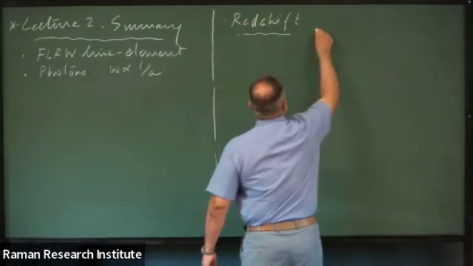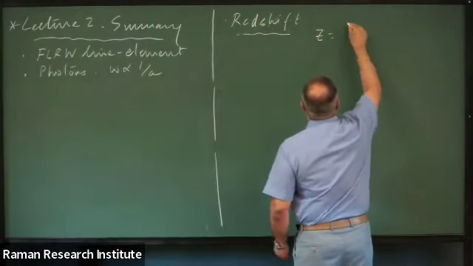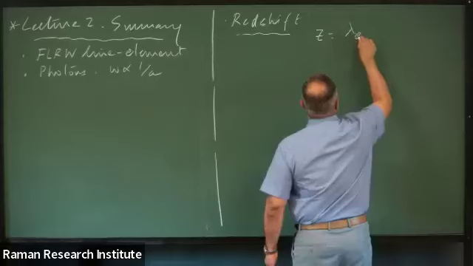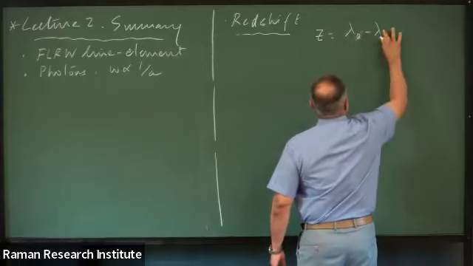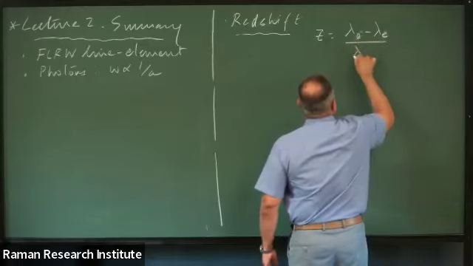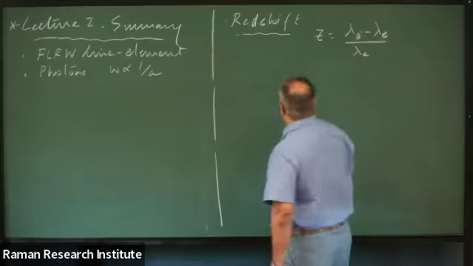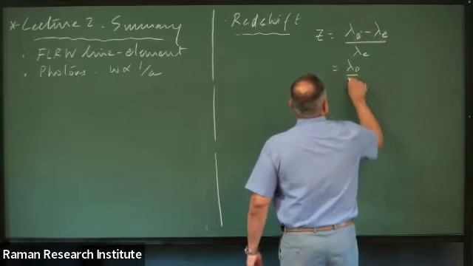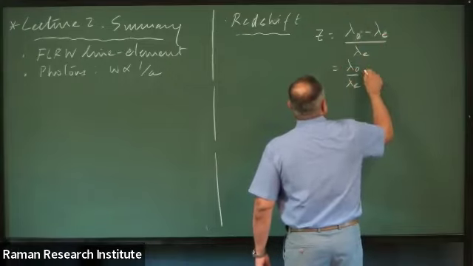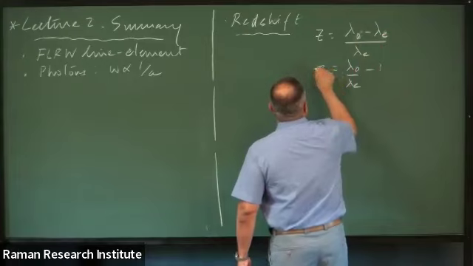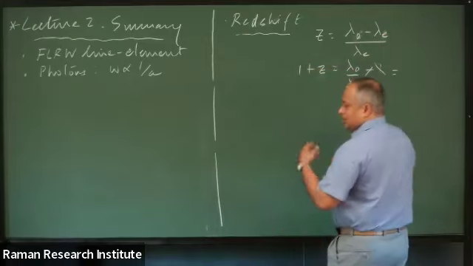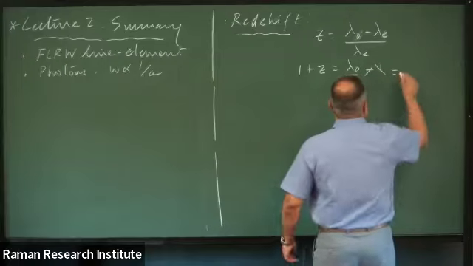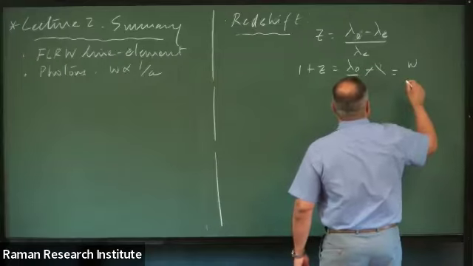If you recall, the redshift astronomically is defined as lambda observed minus lambda emitted, divided by lambda emitted. That is lambda naught by lambda E minus 1, so 1 plus z is lambda naught by lambda E. The frequency and lambda are inversely related to each other.